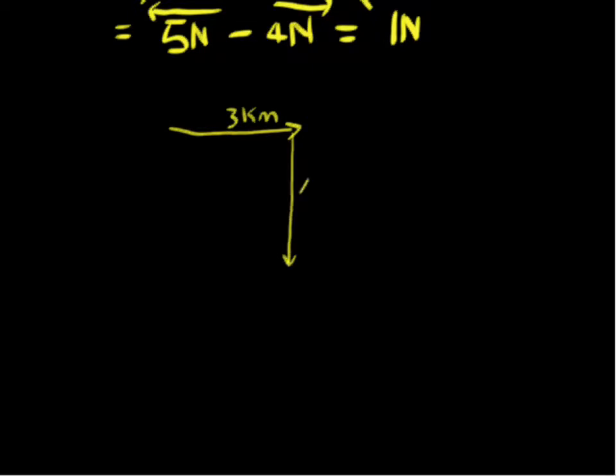To find his resultant vector of movement, or displacement, we need to find the third side of the right angle triangle. In order to add up these vectors, 3 and 4, we must find the resultant. To do this, we use the Pythagoras theorem.